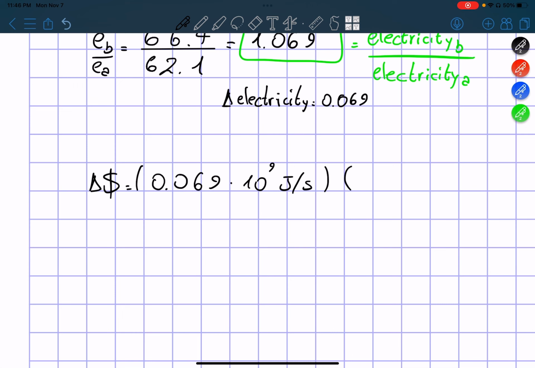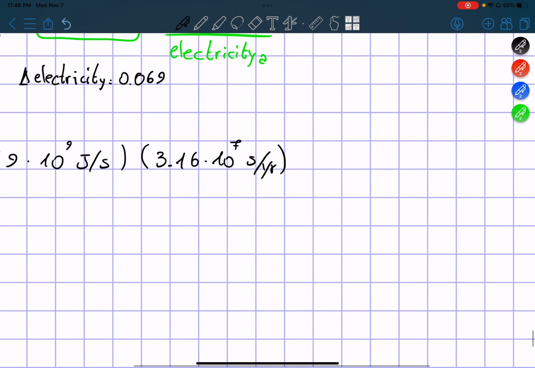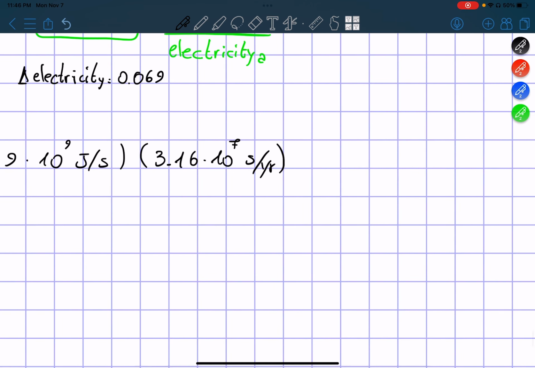Now, how many seconds are in a year? 3.16 times 10^7 seconds per year. Then we have to convert from kilowatt hours into joules and then into money, because we are told that the cost is 0.05 cents per kilowatt hour.